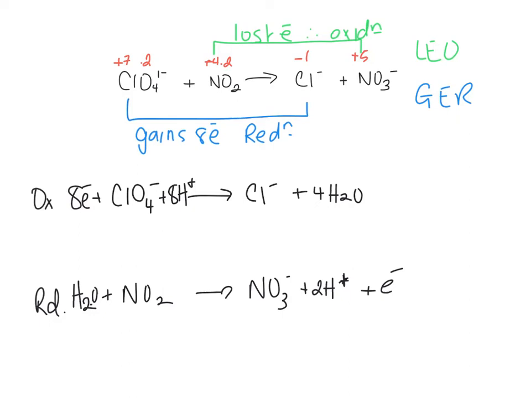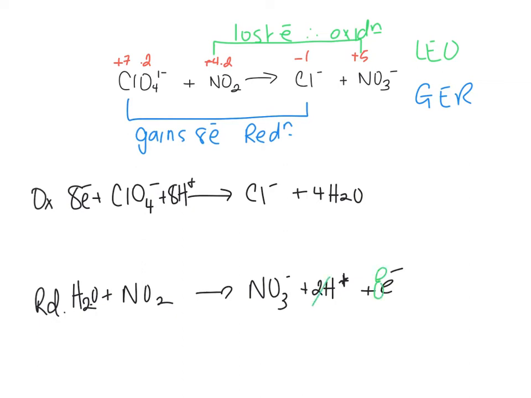So now what we need to do is make sure that the number of electrons is the same in both of these half cell reactions. So here it's 8, here it's 1, so I have to multiply everything in the second equation by 8 so that I end up with 8 electrons.